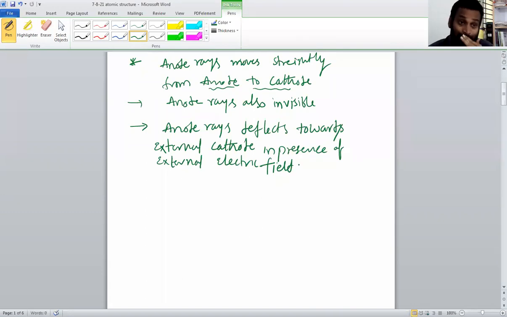In the presence of an external electric field, the anode rays are deflecting towards the external cathode.